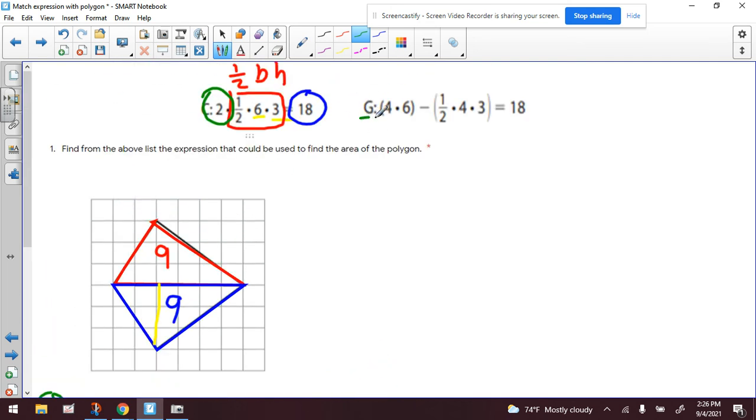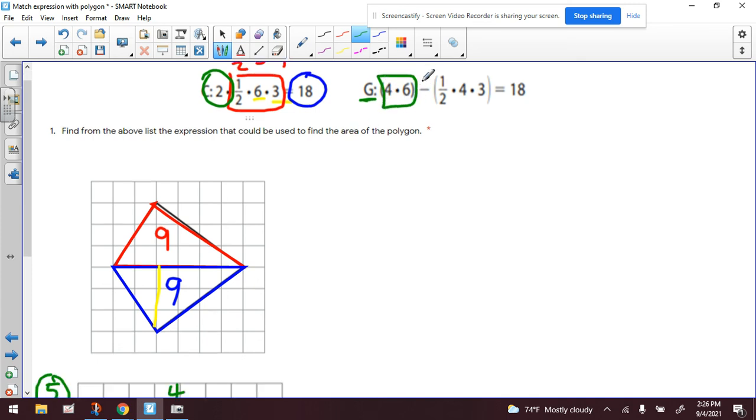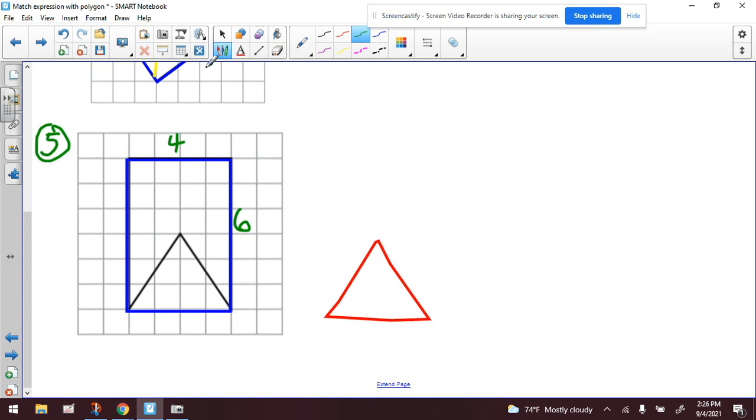Now, if you look at letter choice G, it does show 4 being multiplied with 6, which of course would give us an area of 24. That's in the lineup. Now, it's showing that we're subtracting something out from it. And what's the something? It's the triangle. So let's see if these dimensions match the red triangle.